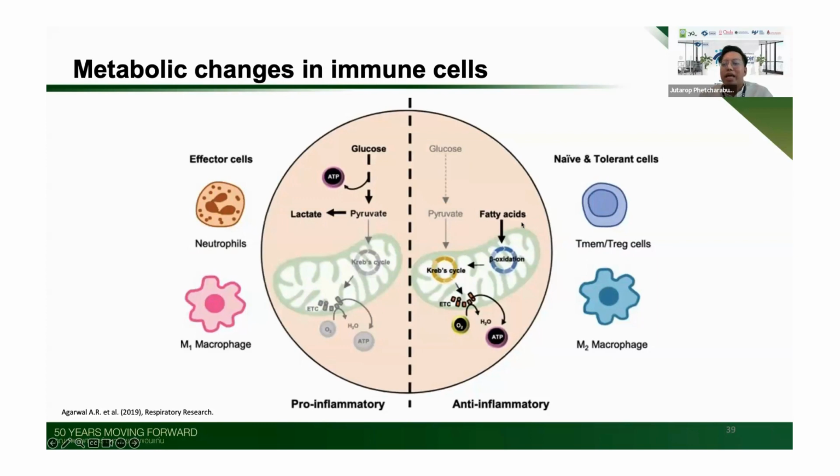Fatty acids, on the other hand, are involved in fatty acid oxidation, which is the predominant energy generation pathway used by the naive and tolerant cells such as M2 macrophages and T memory regulatory cells. And these cells are generally involved in resolving the inflammation and thus are anti-inflammatory in nature.